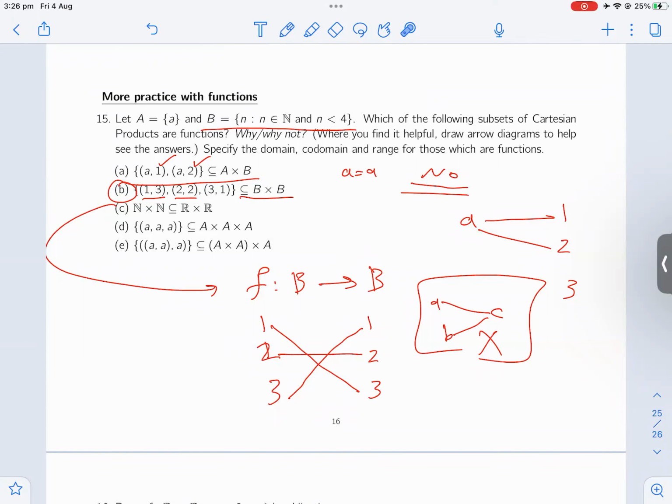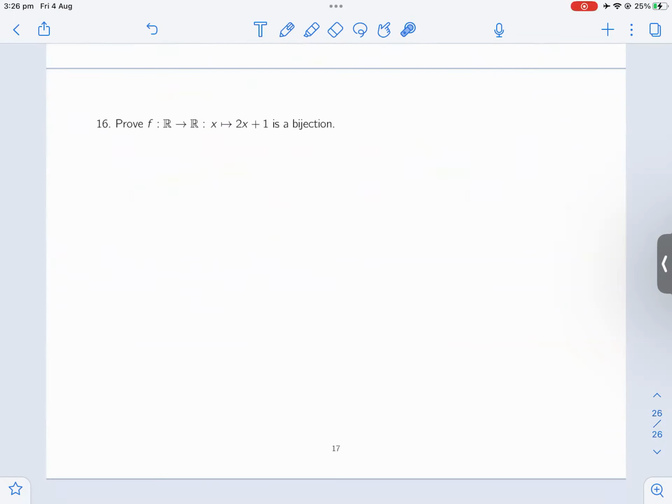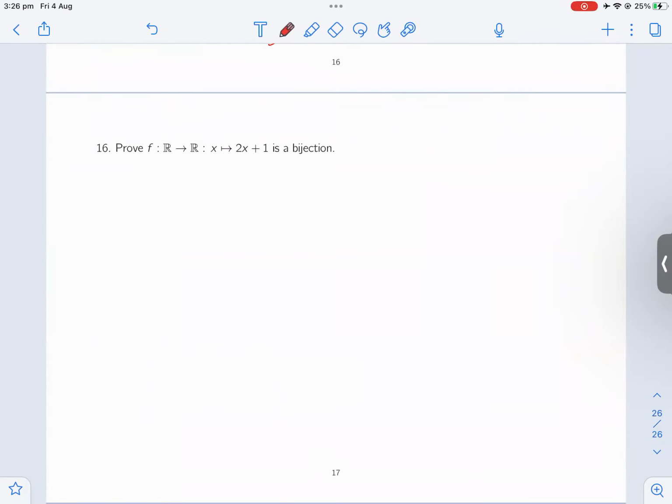I'm not sure if you will have D and E here. This one. Is this bijective? Let's see.